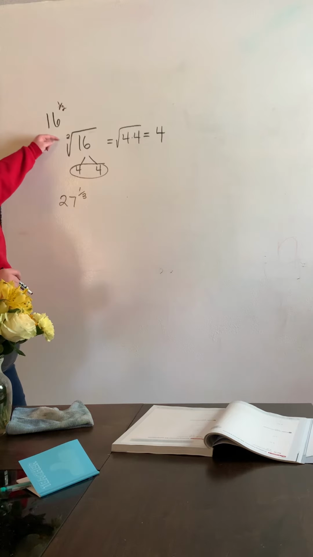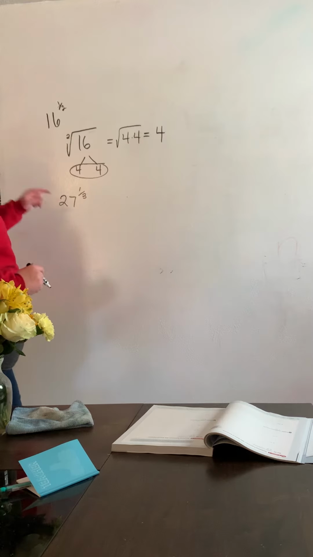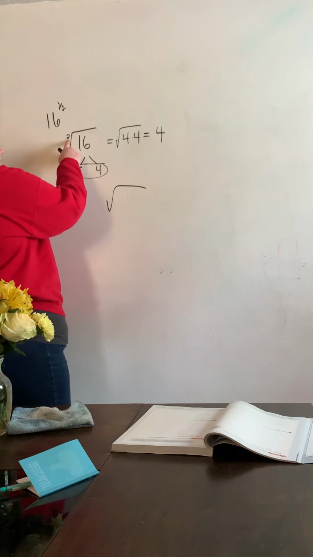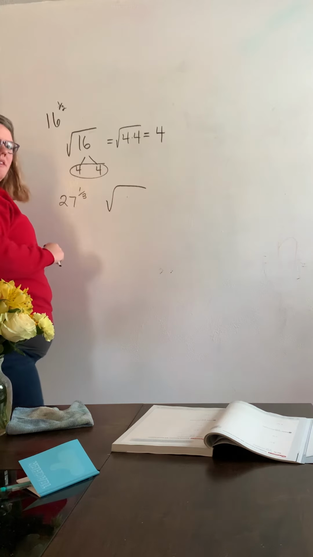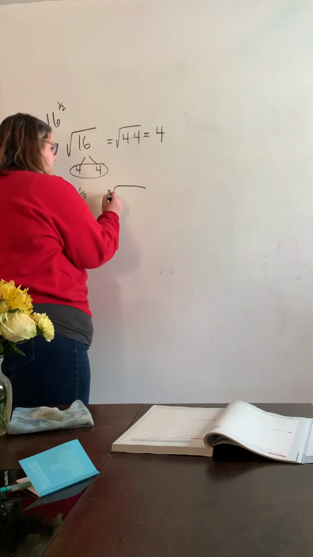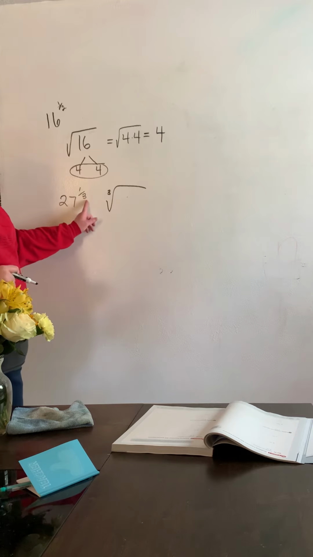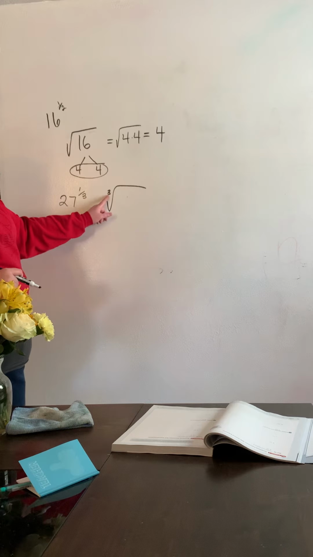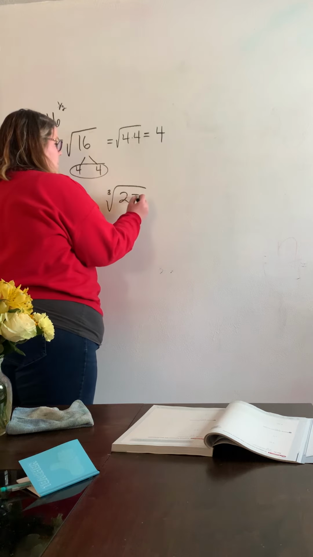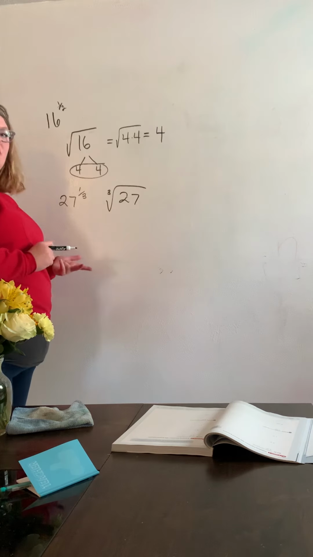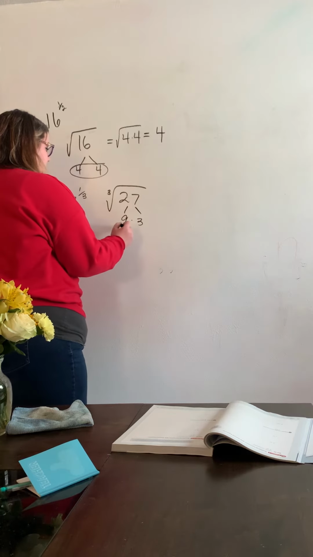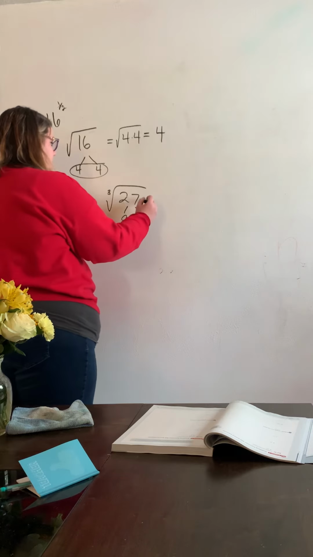If I have maybe something to the third power, so let's say 27 to the 1/3. 1/2 is our regular radicals that we've seen before. Now we're looking for 1/3. So instead of having a little 2 out here, in our calculators they don't show any number. That means it's a root 2. But if we want to look at something that has a third power, we're looking for what number times itself 3 times is 27. So we're now no longer looking for groups of 2, we're looking for groups of 3. 27 breaks down into 9 times 3 and 3 times 3.